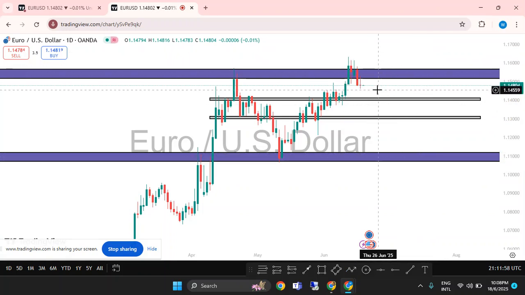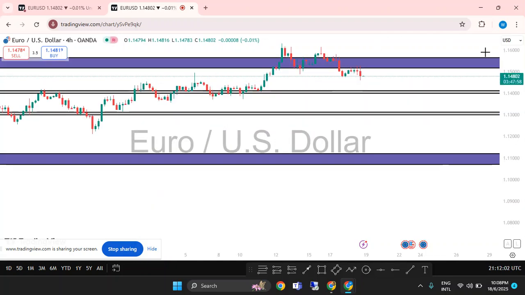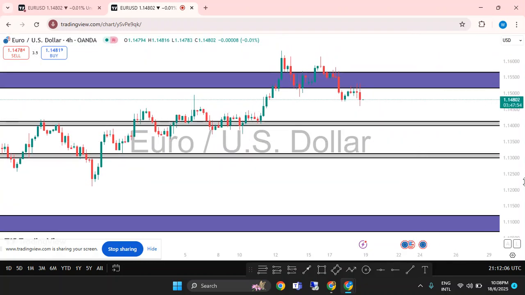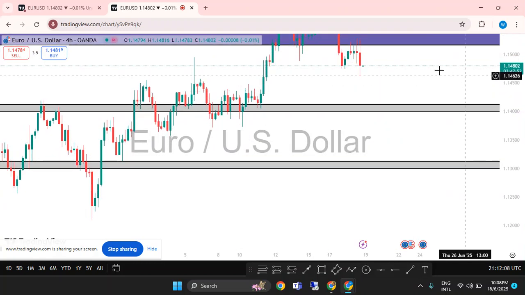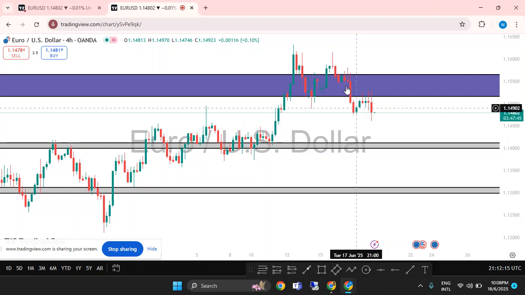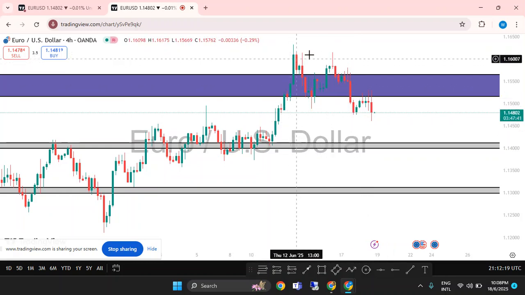And on the 4 hour, where I'll pick my entry, we can also see that the market has respected this. Look at this closely. The market broke this zone. See, it gave a double top right over here.